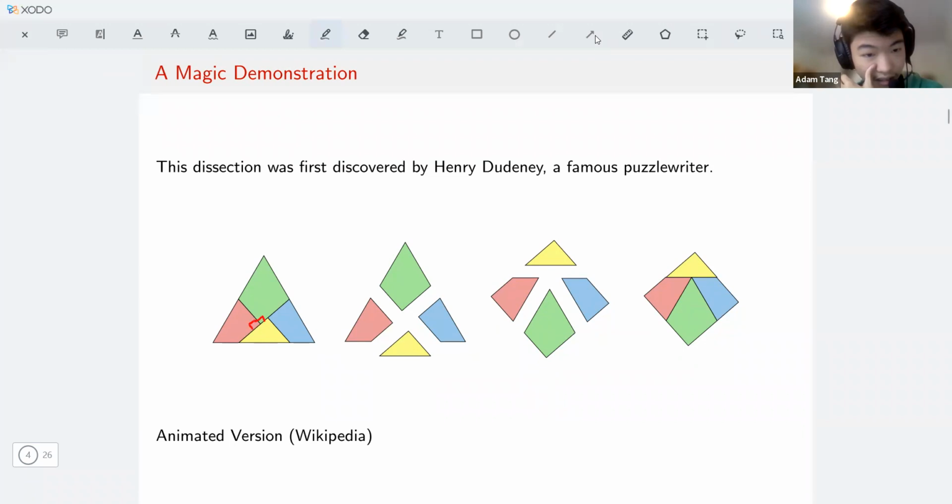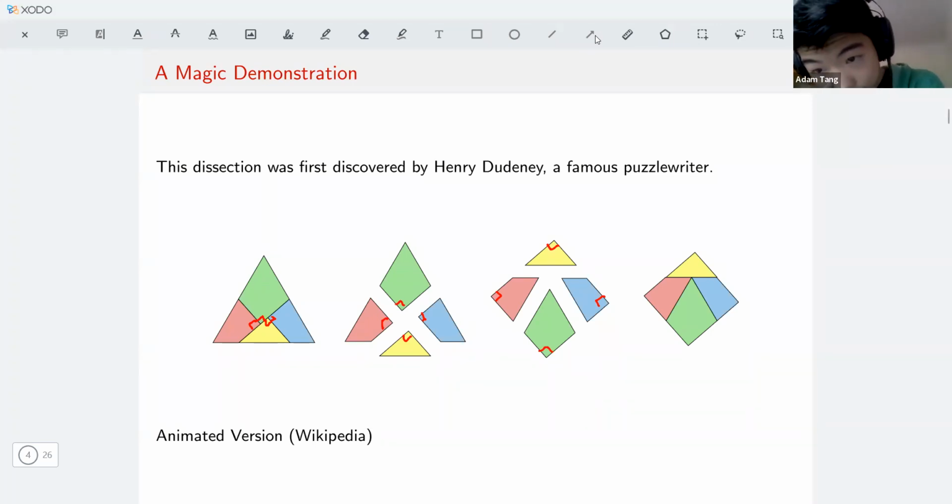So 2 right angles here, 2 right angles here, so that each piece will have a right angle. You flip them around and then you get 4 right angles that are now able to be put together into a square.